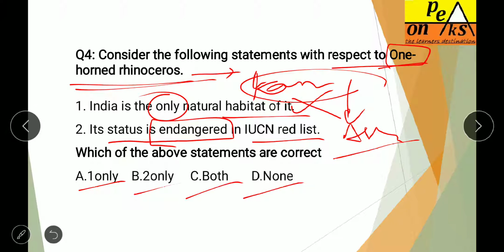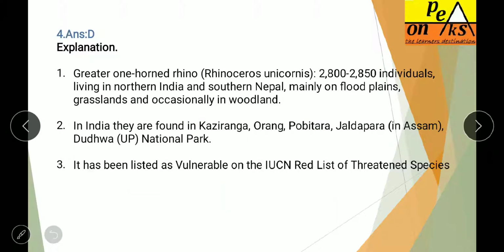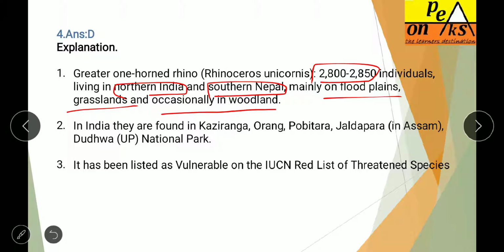The first statement is wrong and the second statement is also wrong, and D is the right answer, because about 2800 to 2850 great one-horn rhinoceros individuals are living in northern India and southern Nepal, mainly on the floodplains, grasslands, and occasionally in woodland.